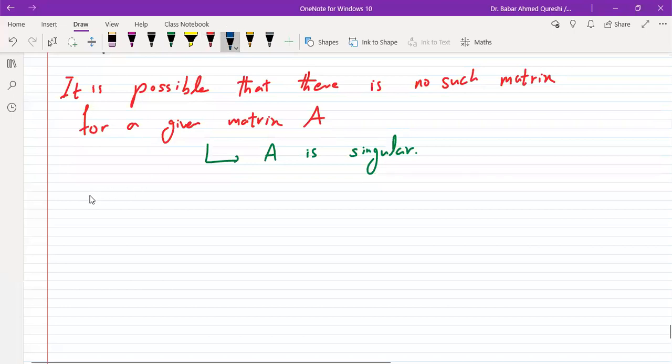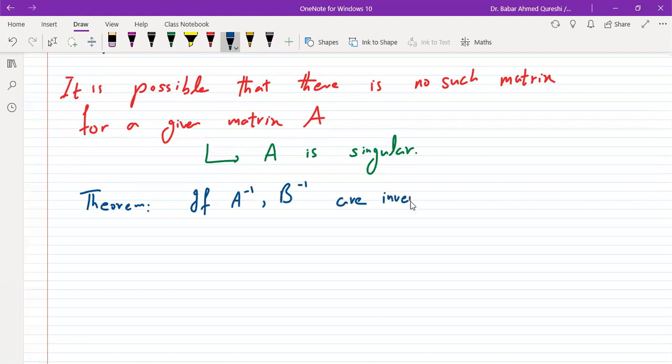I can prove a very easy theorem involving inverses. If A inverse and B inverse are inverses of A and B, respectively, that means A and B are supposed to be non-singular because these exist.